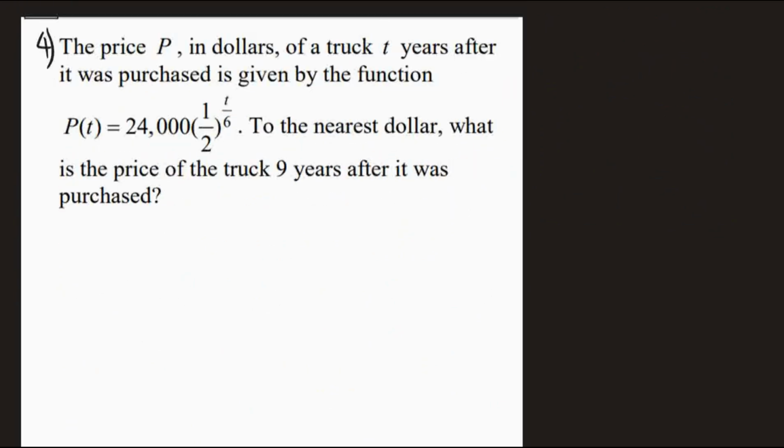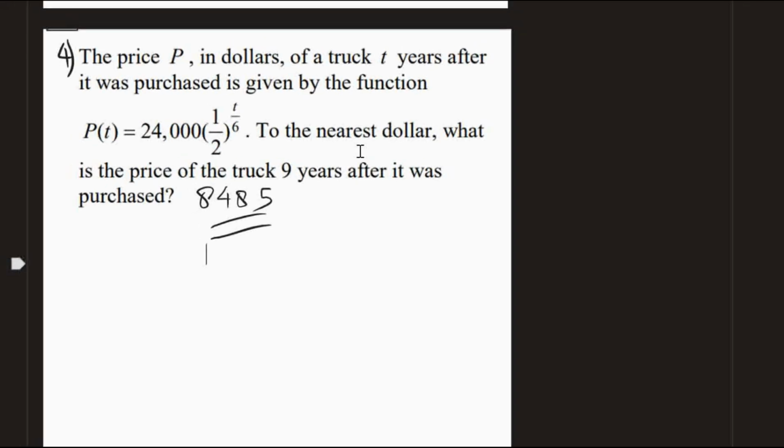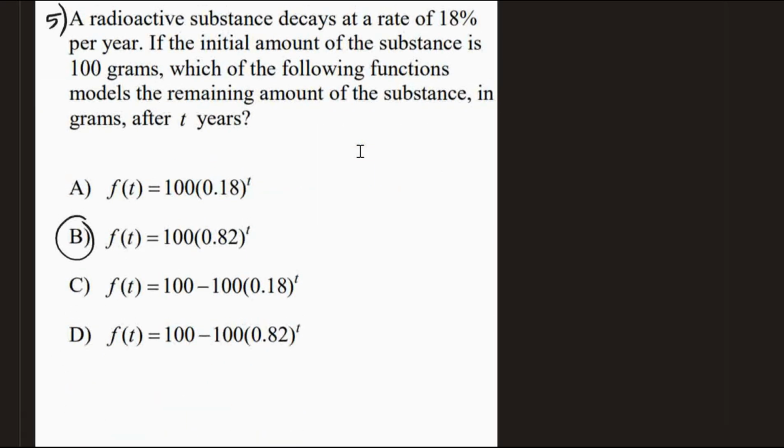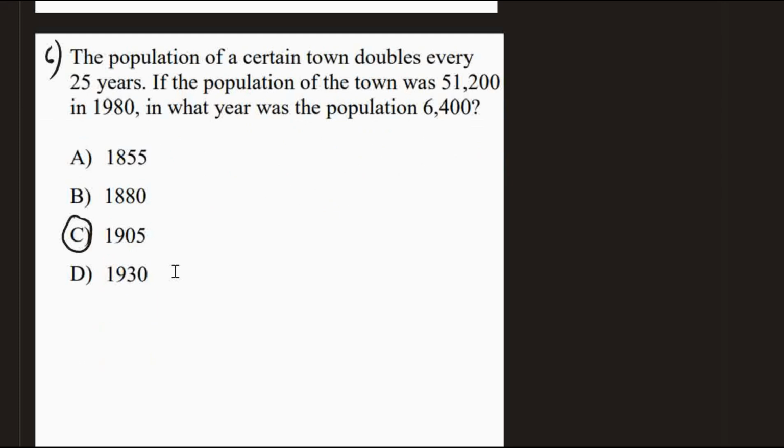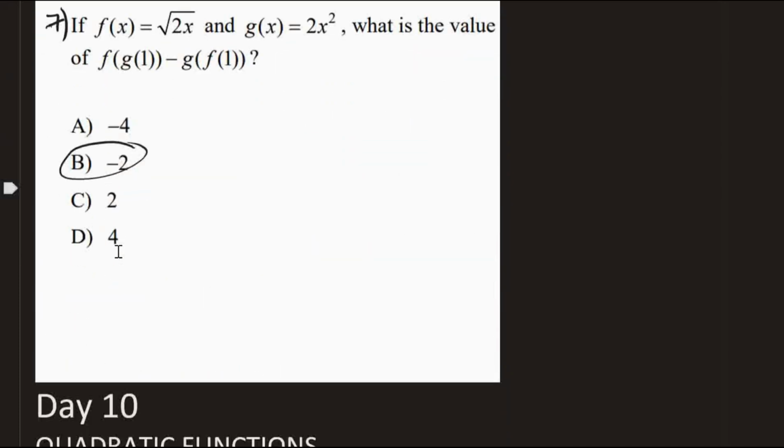The answer for number 4 is 8,485. And then the mark scheme for number 5 is this one. The answer for number 6 is this one. And this is the answer for number 7.